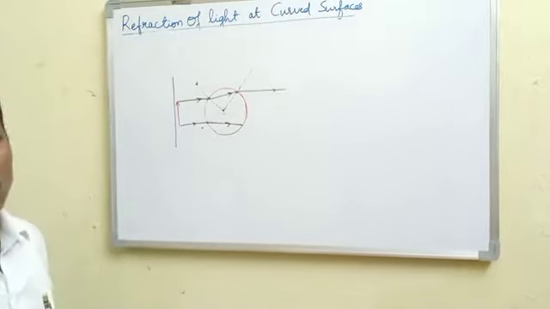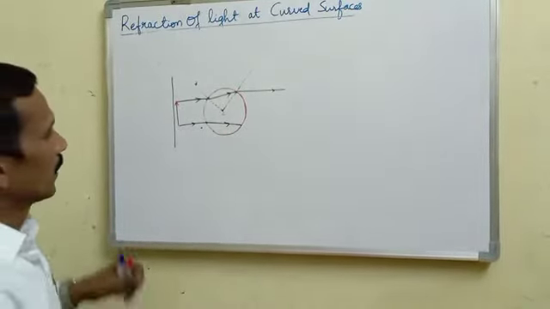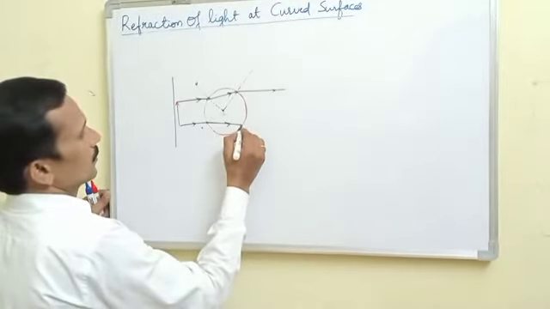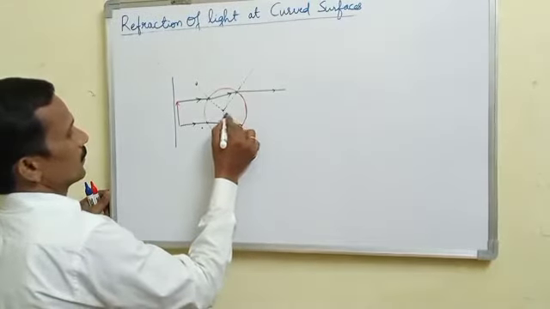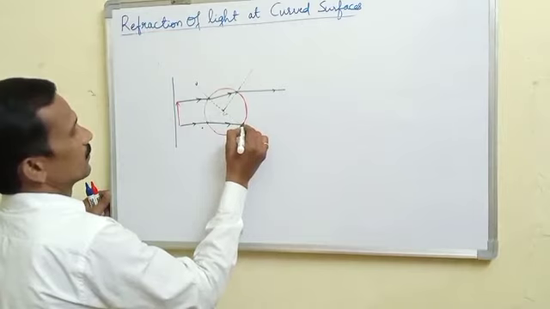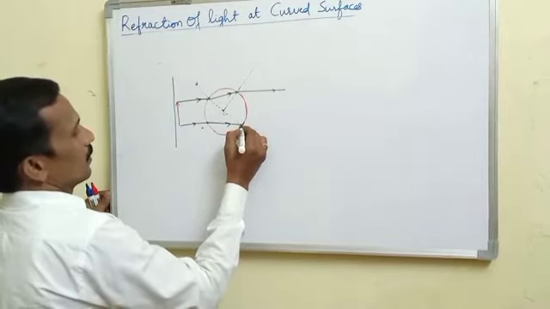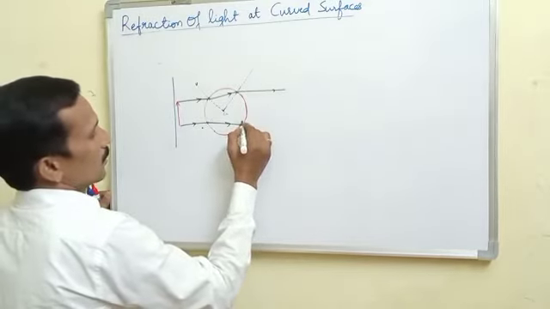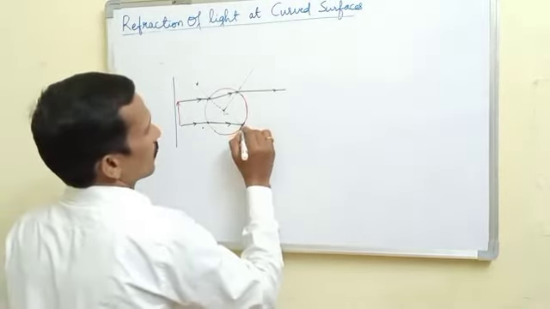And here a little bit of bending towards the normal, and it moves denser to rarer, away from the normal like this.